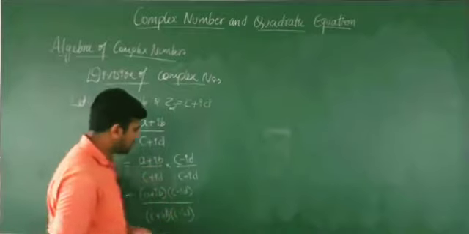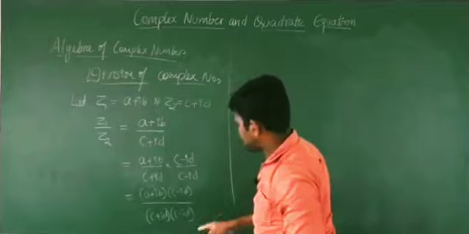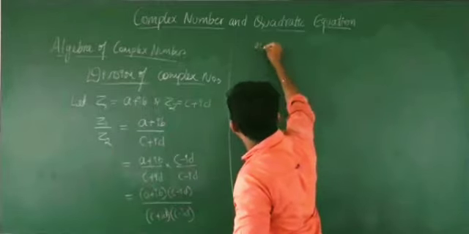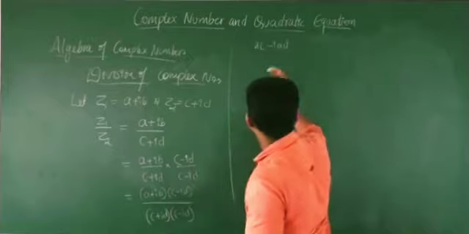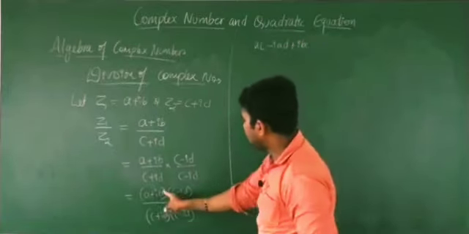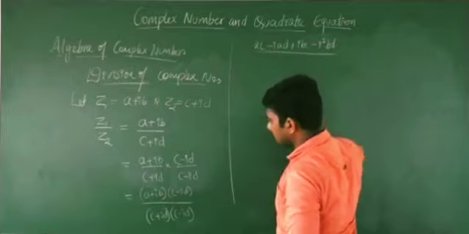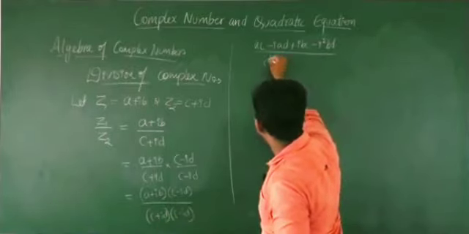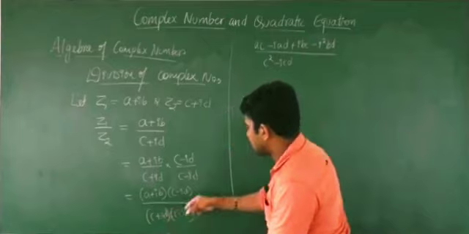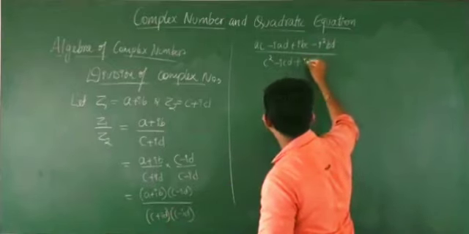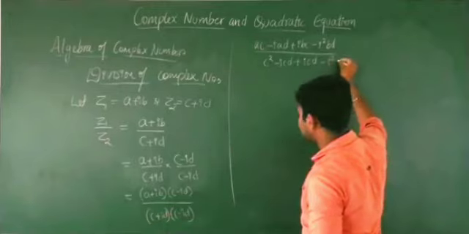Multiplying together, we get a into c, ac, a into minus id, that is minus iad, ib into c, that is ibc, ib into minus id, that is minus i square bd, divided by c into c, c square, c into minus id, minus icd, id into c, that is idc or icd, id into minus id, minus i square d square.